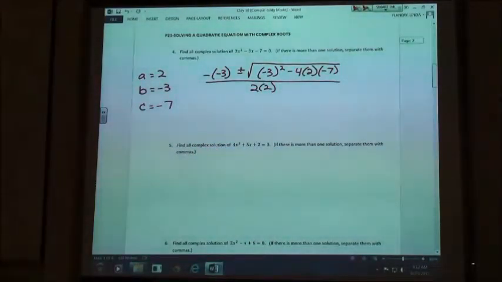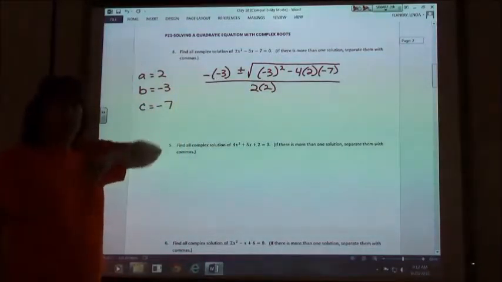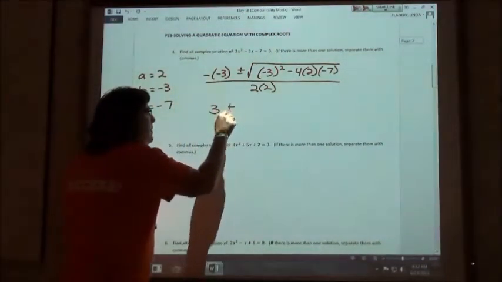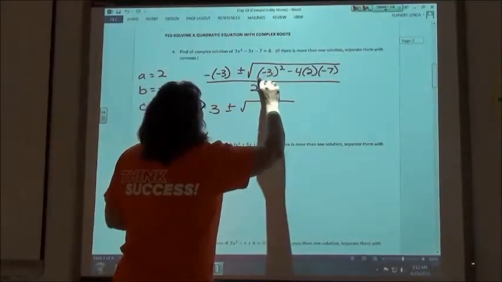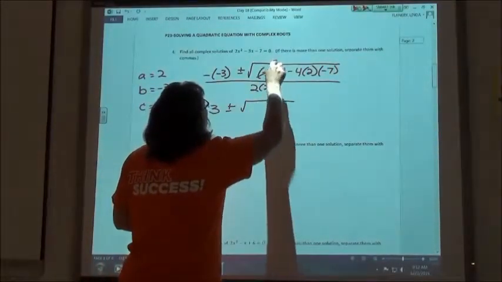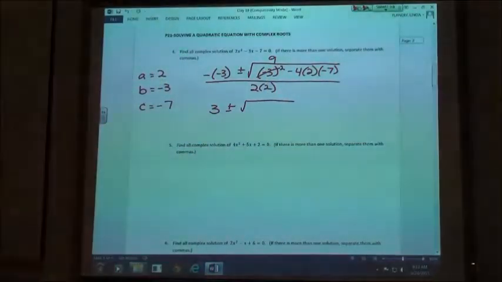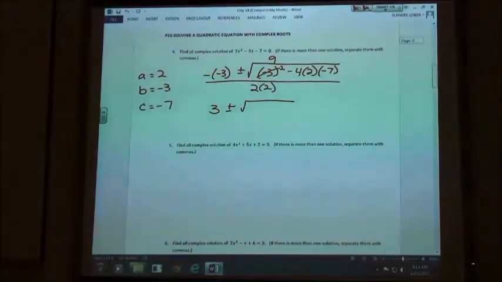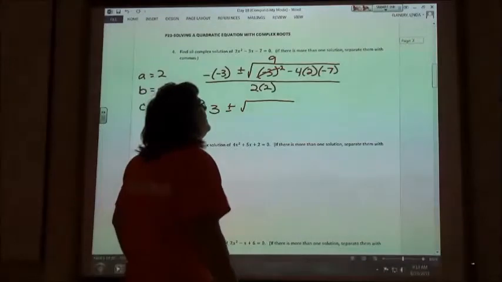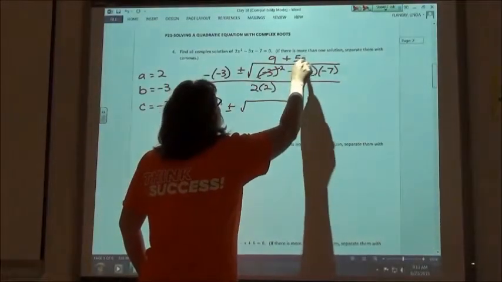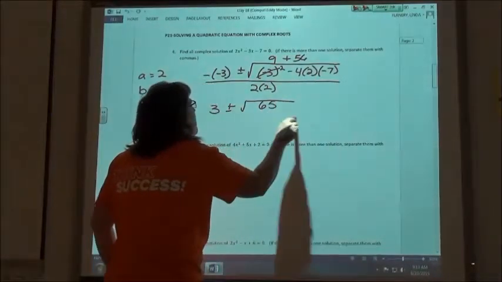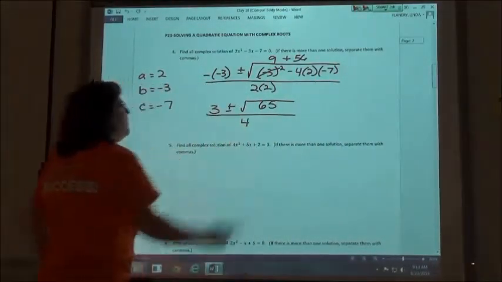So simplifying that. Again, if I have minus a negative 3, it becomes positive 3. Negative 3 squared, oh, this one's going to come out to a normal one. Negative 3 squared is 9. Then I have minus 4 times 2 times negative 7, which would be 56 plus 9, so 65 over 4.